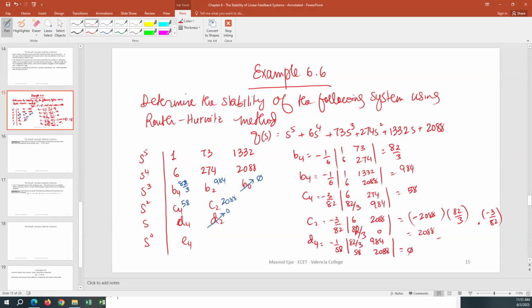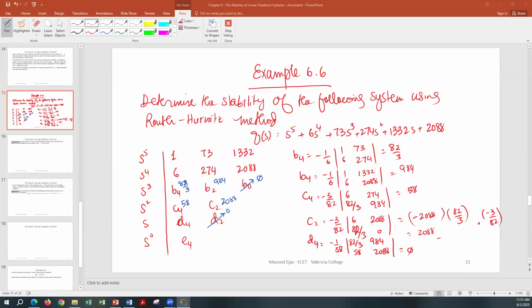Let me confirm this, because I've done it before, but let's just confirm it real quick. So D4 is equal to 82 by 3 times 2088 minus 984 times 58. So that's coming out to be 0. So D4 is coming out to be 0.